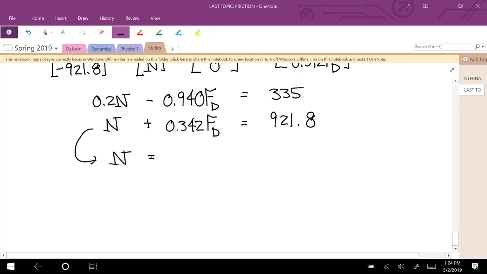So N is equal to negative 0.342 FD plus 921.8.